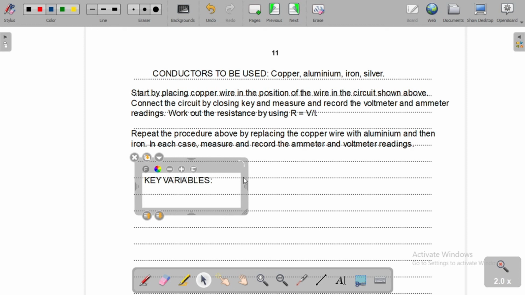They didn't really tell you the number of variables. I will advise you write 2 key variables to control.